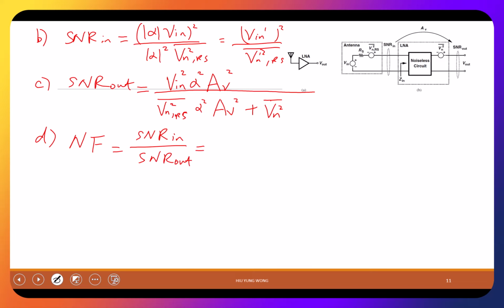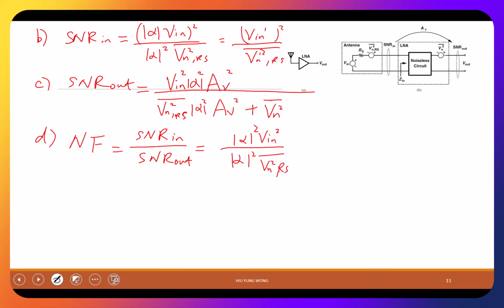So what is that? Input divided by output. I write down the input first, using the absolute value: alpha square V in square over Vn square Rs. This is the signal to noise input.